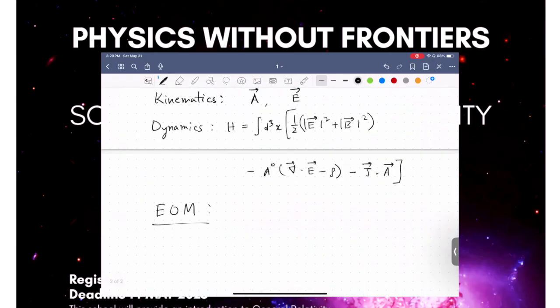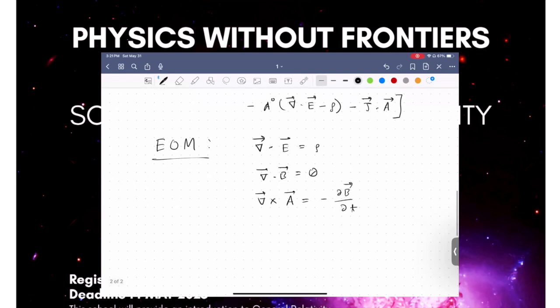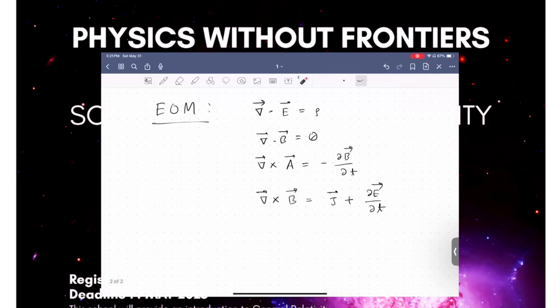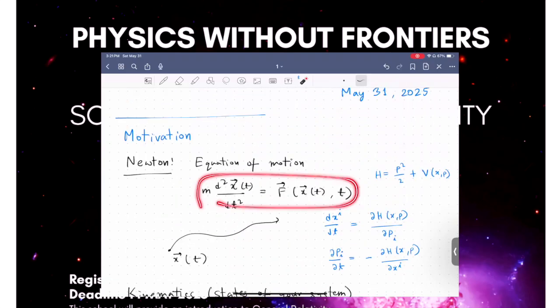You follow that in case of electrodynamics, and you end up with, all right, these equations, which are completely analogous to these equations or these equations, right?